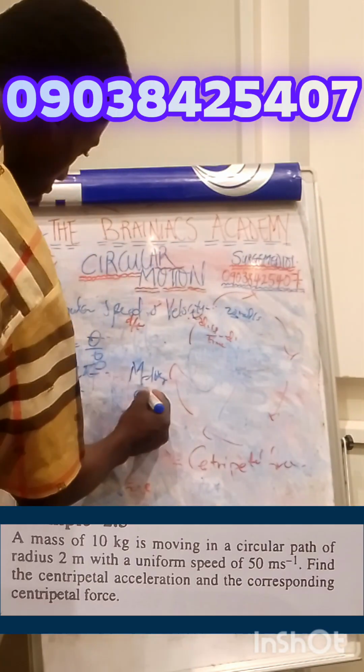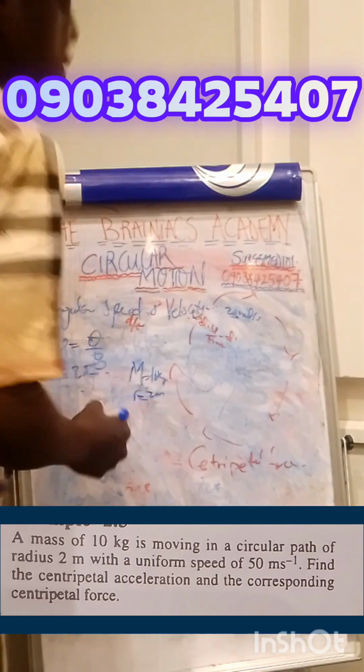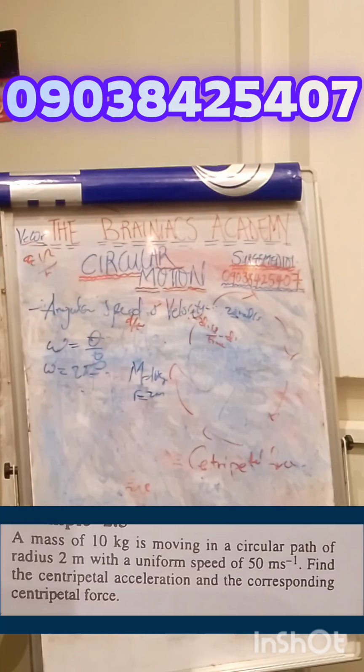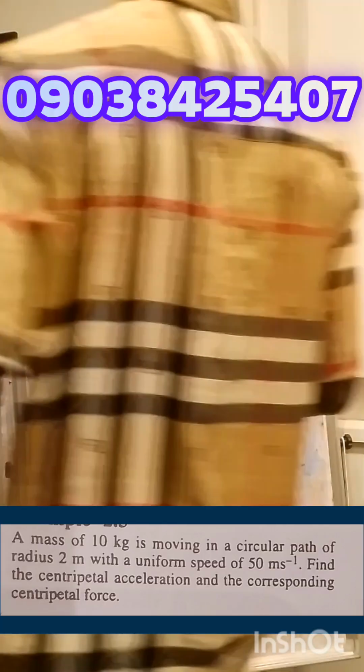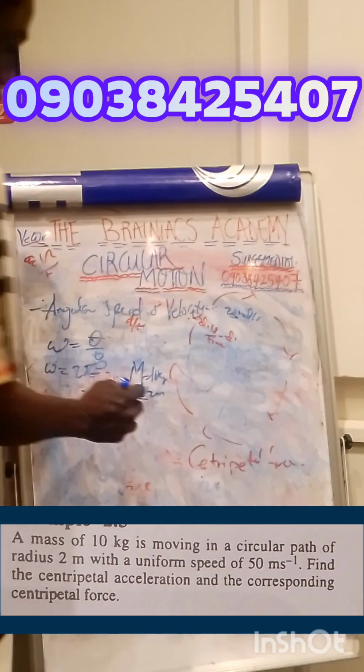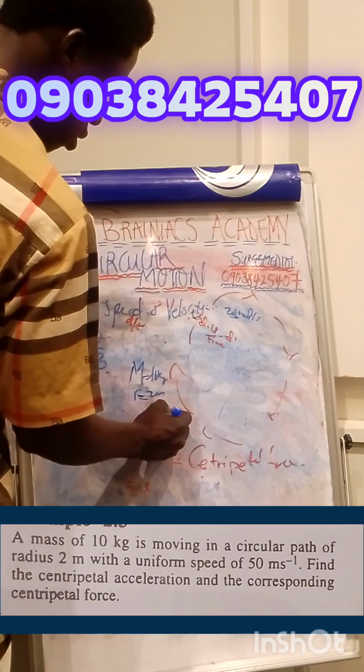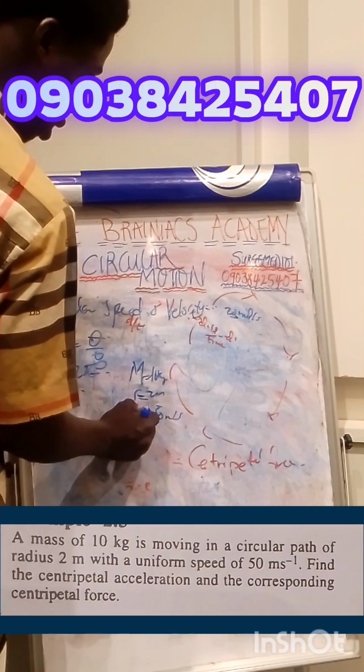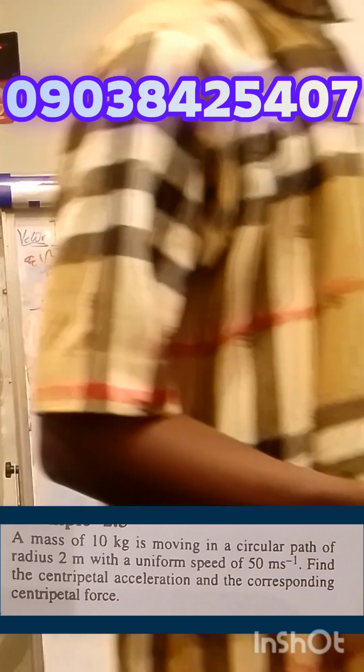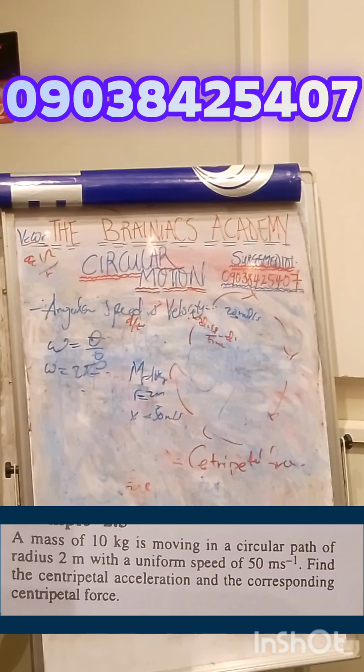So your r is 2 meter. Then it says that with uniform speed of 50 meter per second, uniform speed, 50 meter per second, that's your v. Find the centripetal acceleration and the corresponding centripetal force.